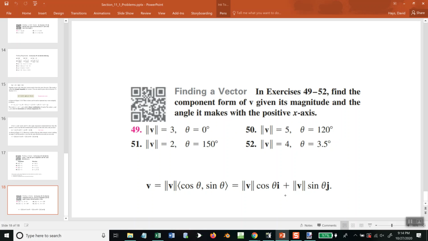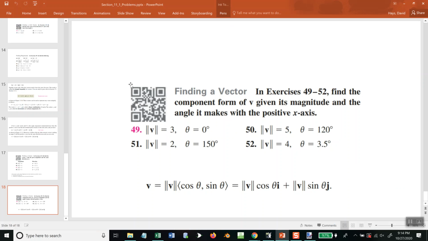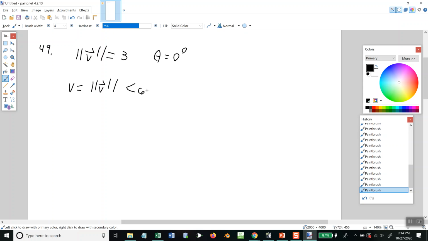And that's given by this formula that I referred to earlier. So we're going to use this formula here. So you just plug in your values. The magnitude we said was 3. Cosine of theta, which is 0 degrees, and sine of 0 degrees.